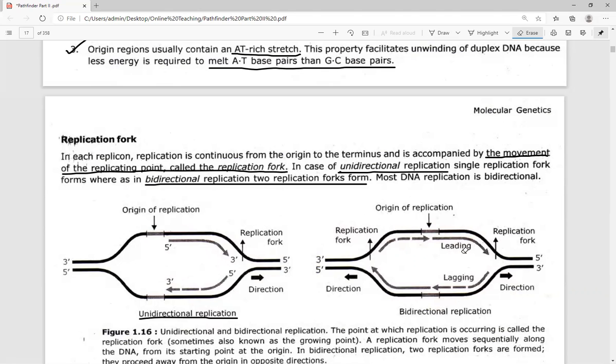In the opposite direction, when you look here, you can find the opposite strand becomes leading, whereas the other strand becomes lagging. So just on the basis of the visualization frame, the leading and lagging strands are altered.